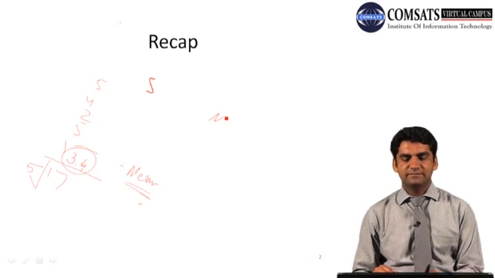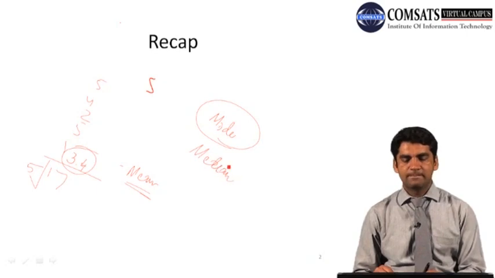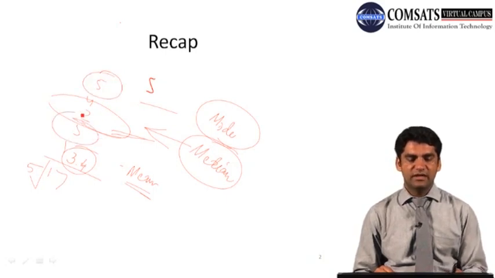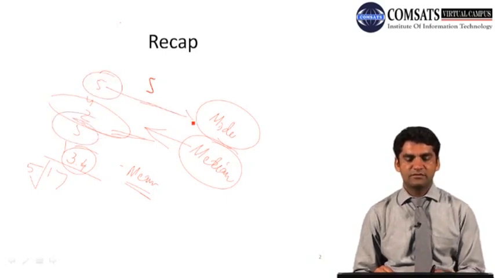And then we have seen mode and median. For median we have learned that the thing that is occurring in the middle of the observation is called median, while mode is the most frequently occurring observation, that is 5 and 5. So mode will be 5, median will be 2.